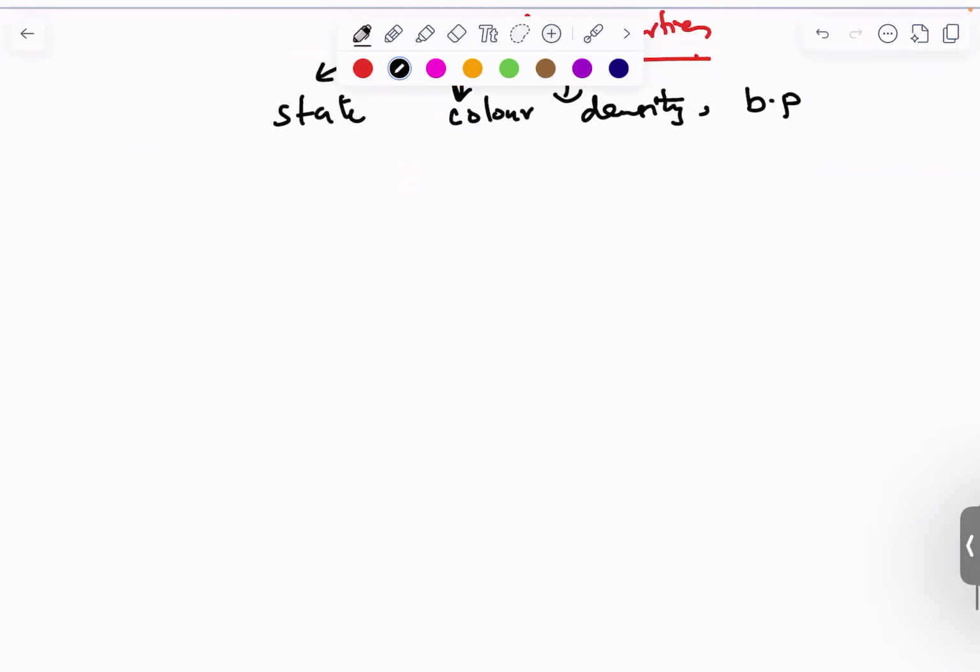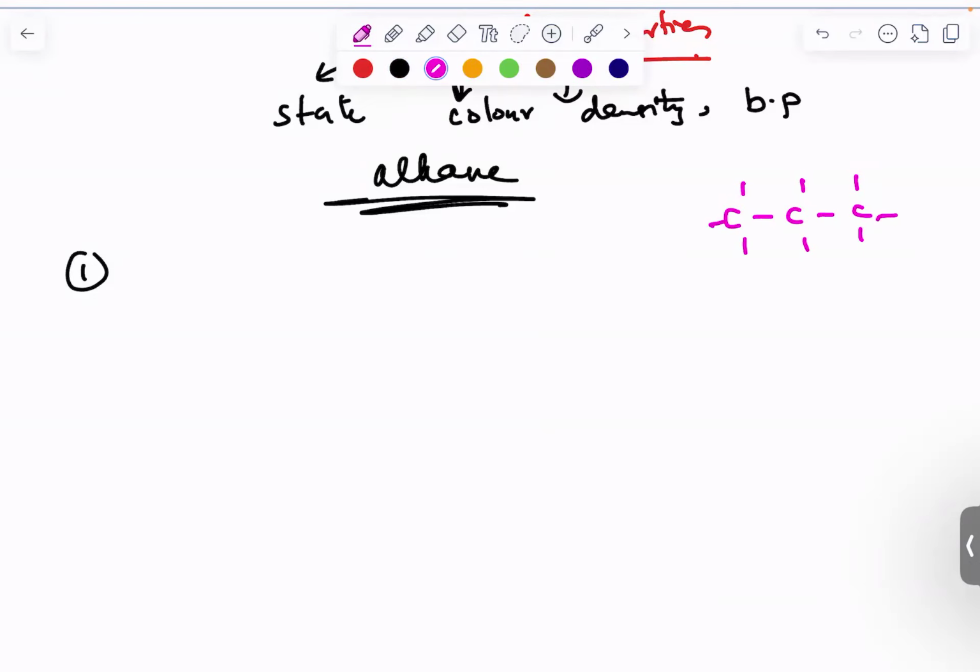All right. So if we talk about the properties of alkanes, the very first property is number one. Let me write it. This is a simple example of alkane, that is propane. It's a type of hydrocarbon. You know that hydrocarbon means containing carbon and hydrogen only.